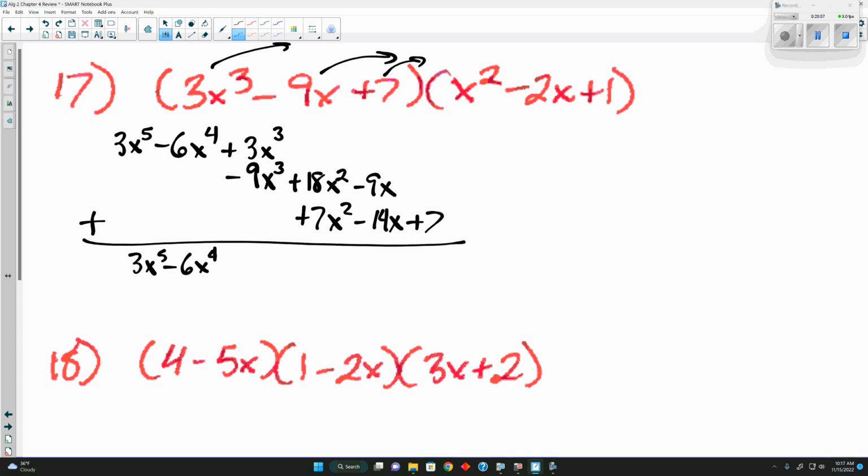Well, 3x to the fifth and negative 6x to the fourth are going to come straight down. They have no like terms. 3x cubed minus 9x cubed is going to be negative 6x cubed. 18x squared plus 7x squared is plus 25x squared. Negative 9x minus 14x is negative 23x plus 7.